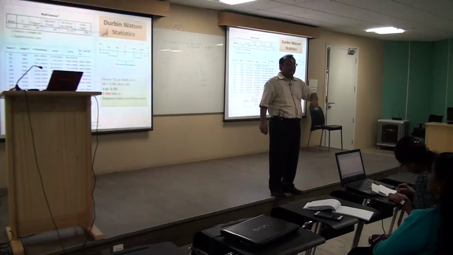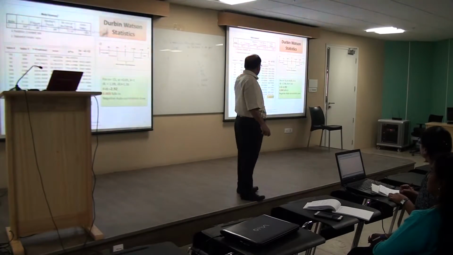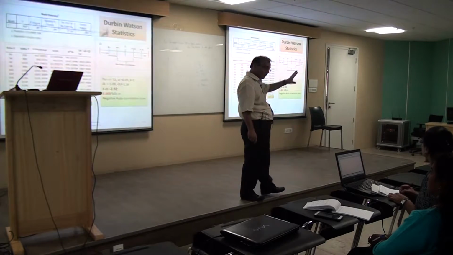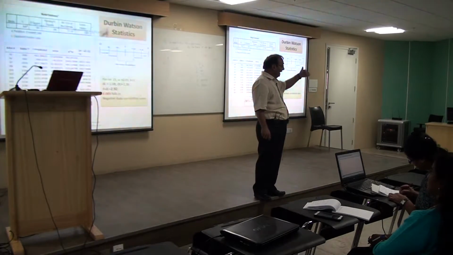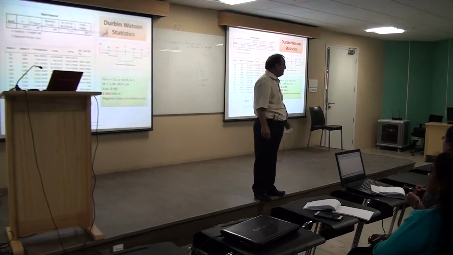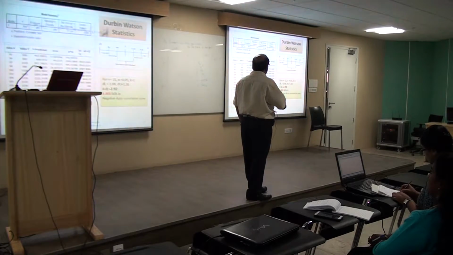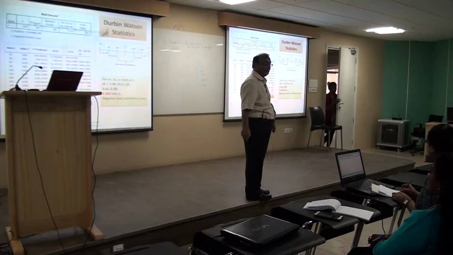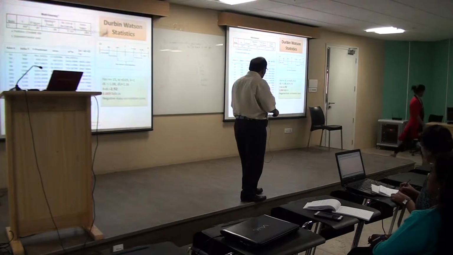In that table, for a given sample size, in this case only 12 data points were there, and for a level of significance of 0.05, meaning 5%, you will get two values, an upper value and a lower value. These values were 1.08 and 1.36.